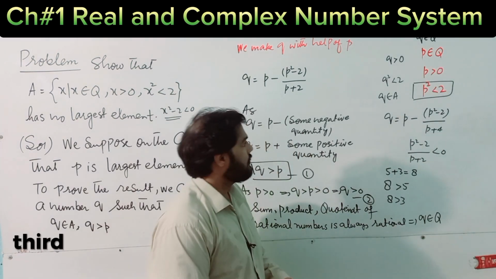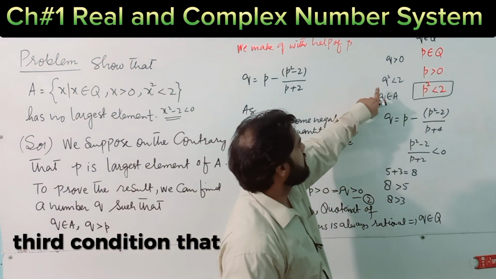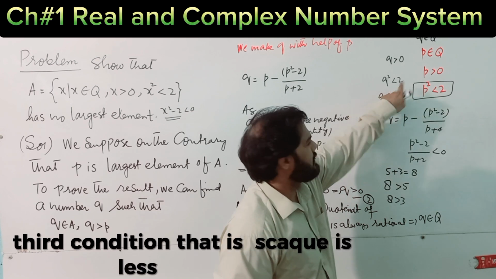Now we prove the third condition, that q square is less than 2.